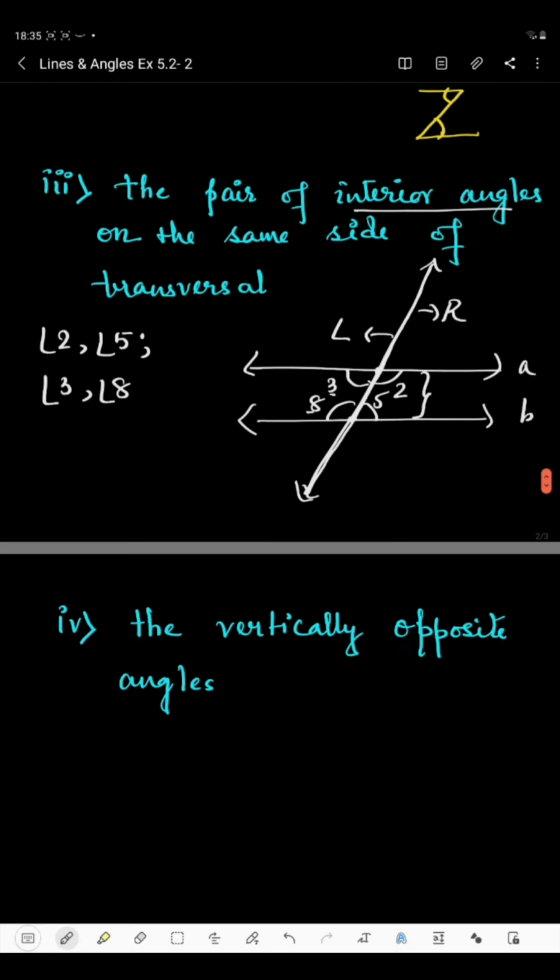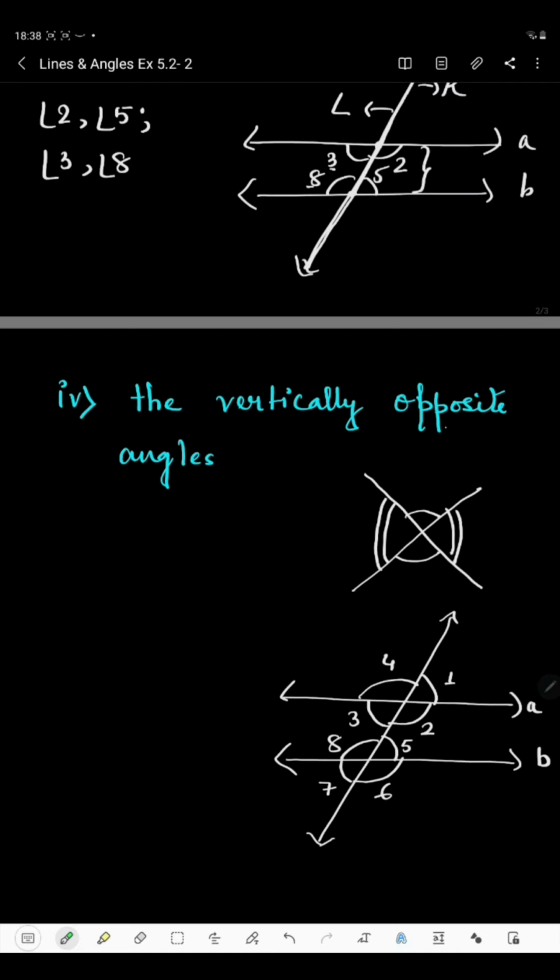Now in the fourth part we have the vertically opposite angles. Vertically opposite angles we already know, if the two lines intersect, then angles formed in an opposite way are equal, okay. So here we will see which two lines intersect. Now see here, this is the parallel line A and this is the transversal. So here we have got intersecting point.